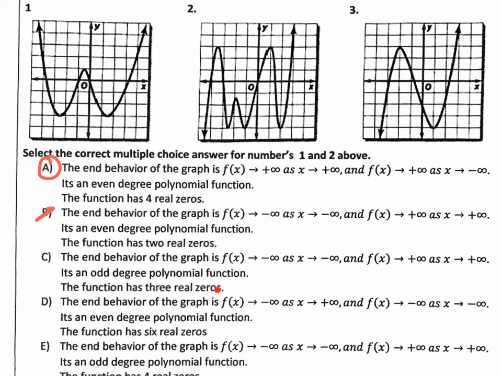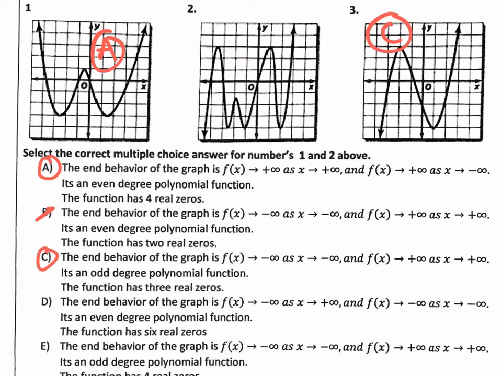Function has 3 real zeros. No, it doesn't. It has 1, 2, 3, 4, 5. Hey, wait a minute. This one has 3 real zeros, and it has the same end behavior. So we have the answer right there, right? So this one is for 3. Okay, so 1 was A, 3 was C, and we still need to look for 2.